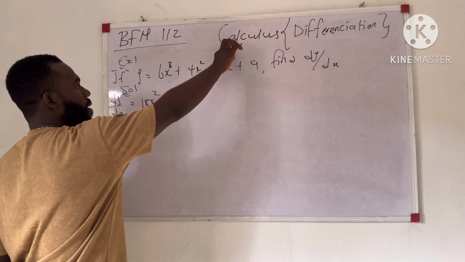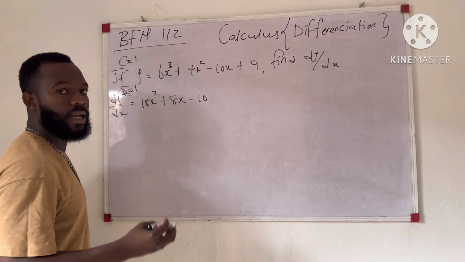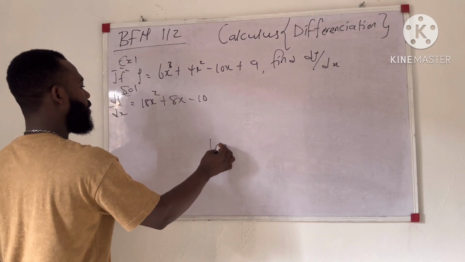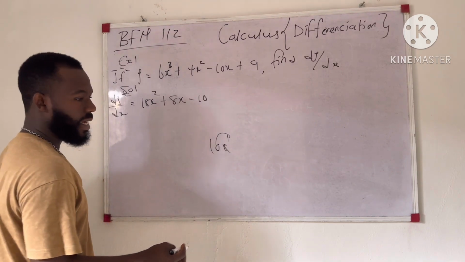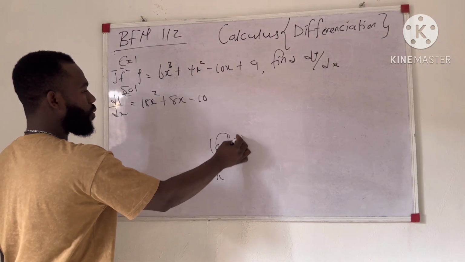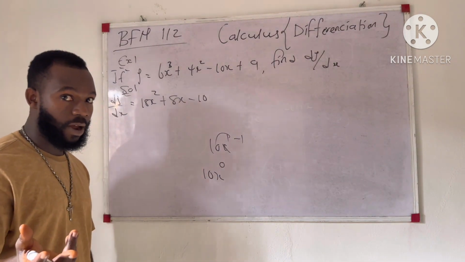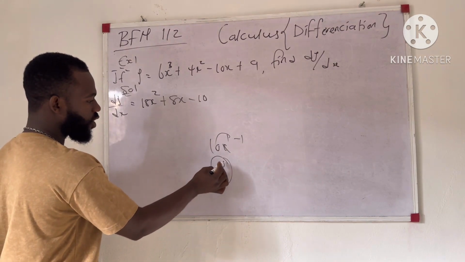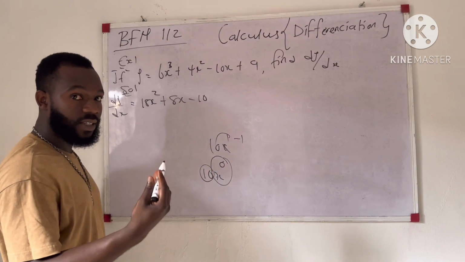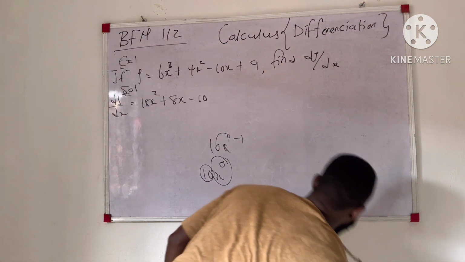Minus, now the power here is 1, so when we differentiate 10x, we are going to get 10. Why is it so? Watch. If you have 10x and the power is 1, 1 multiplied by 10 gives 10. And if you minus 1 from 1, you get 0. According to the law of indices, anything raised to the power of 0 is 1. So if x raised to the power of 0 is 1, what do we have left? 10. That is how I got 10 as my answer there.